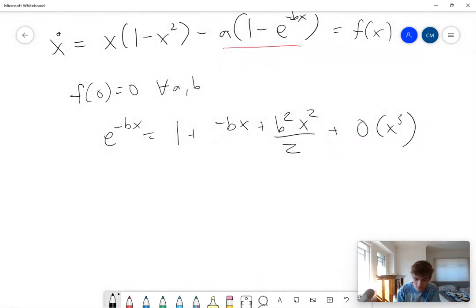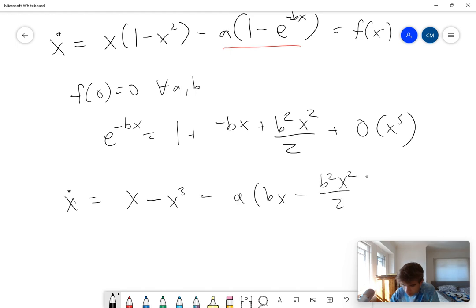And so plugging this into our equation, we are going to have x minus x cubed, just expanding the first term, minus a times bx minus b squared x squared over 2 plus higher order terms here.